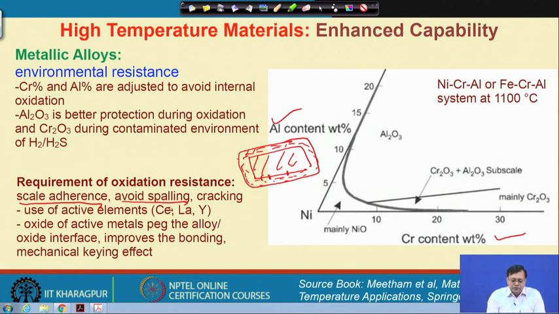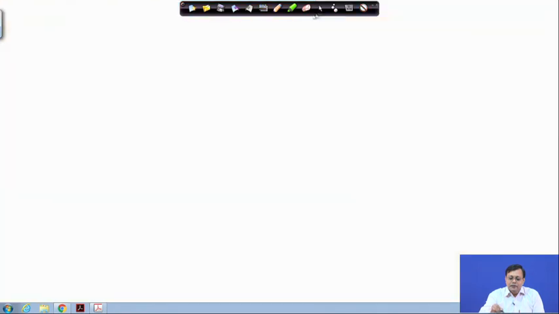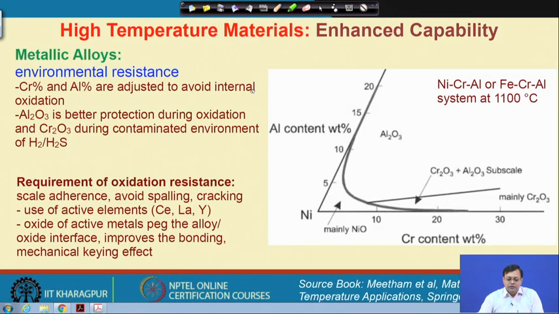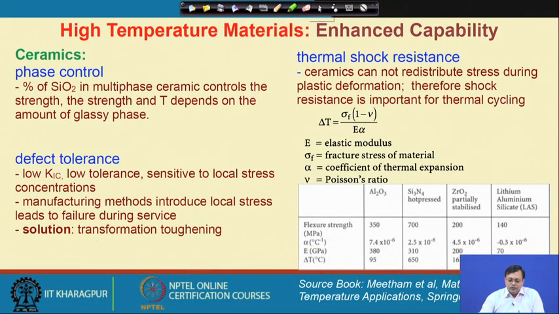In order to avoid spalling, we can use some active elements like cerium, lanthanum or yttrium. These elements form their oxides, and these active metals peg the alloy at the oxide interface by some sort of mechanical keying effect and keep the oxide layer along with the base alloy, and that is one of the very beneficial effects of using any of these active elements like cerium and yttrium.